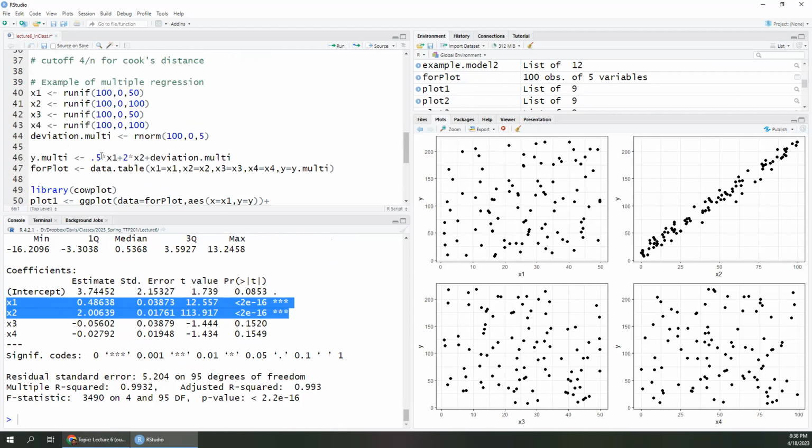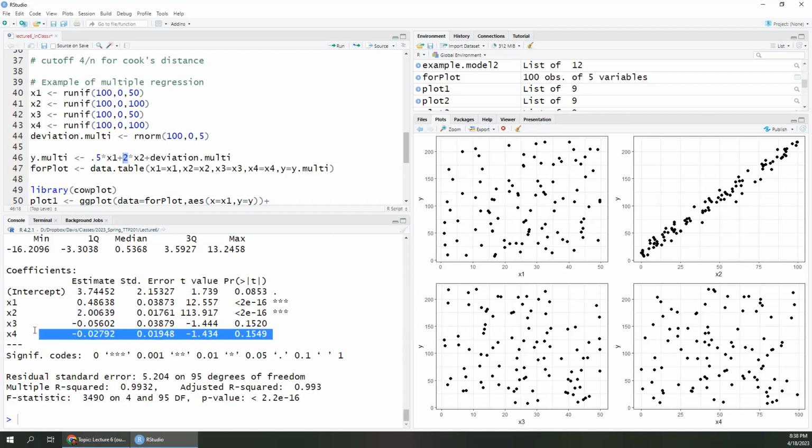And we know, ground truth, the coefficient should be about 0.5 for x1 and about 2 for x2. And indeed, that is what we find here. Not only that, the regression also knows that x3 and x4 are not statistically significant. In other words, we are not confident at all that there is a relationship to be found between our x3 and y, as well as our x4 and y.